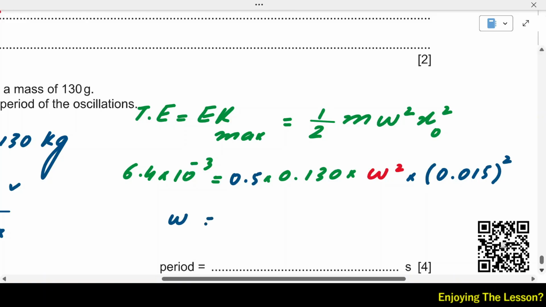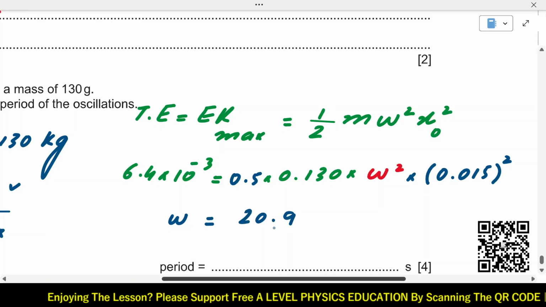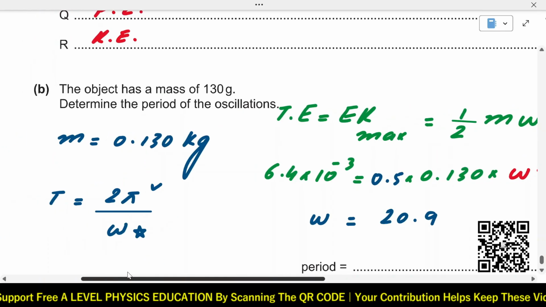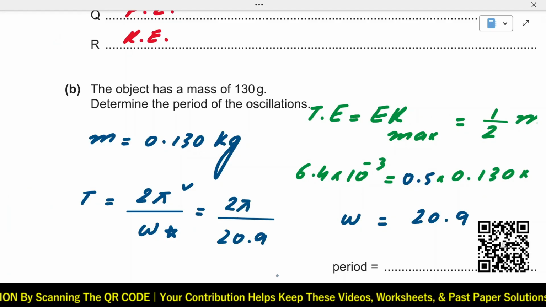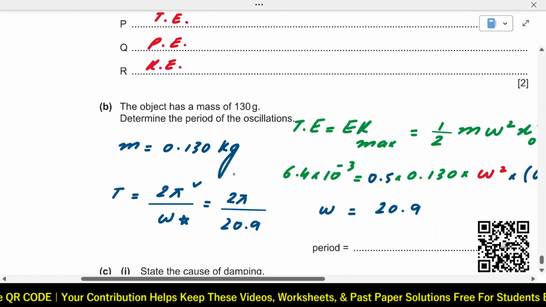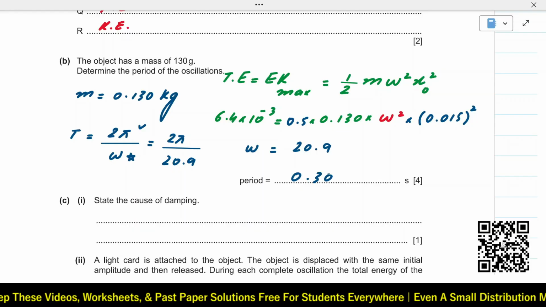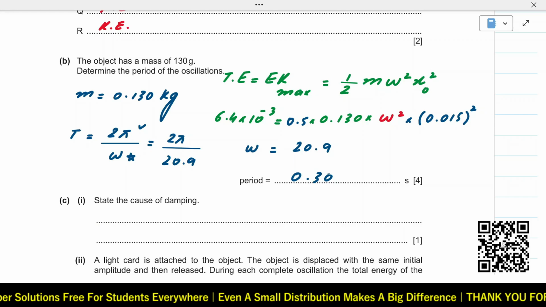So could you find me the value of omega from here? Okay, so we get 20.9. If you say so, I can believe it on the face of it. And then you insert it all the way over here: 2 pi divided by the answer. It should be less than 1. So 0.30 seconds. So for 4 marks, probably the easiest 4 marks that you can have.